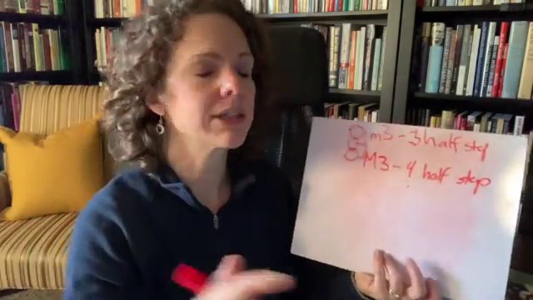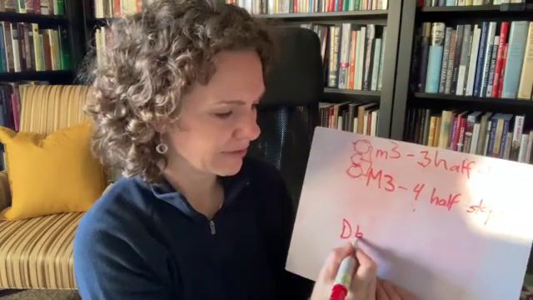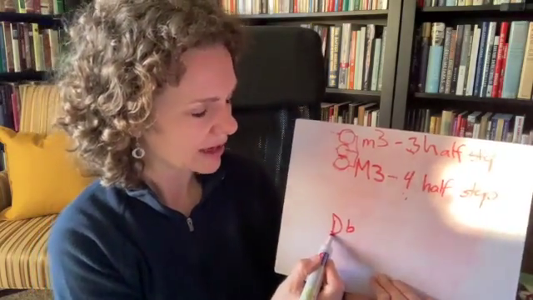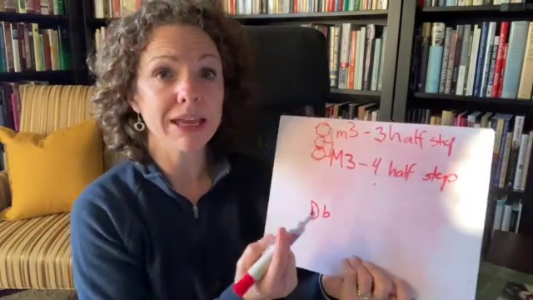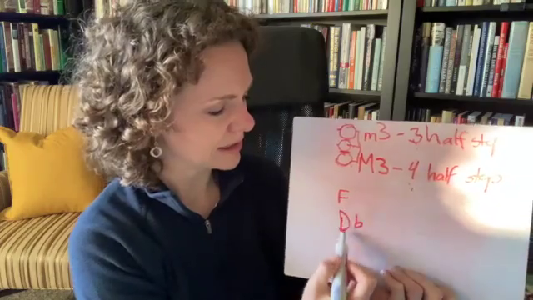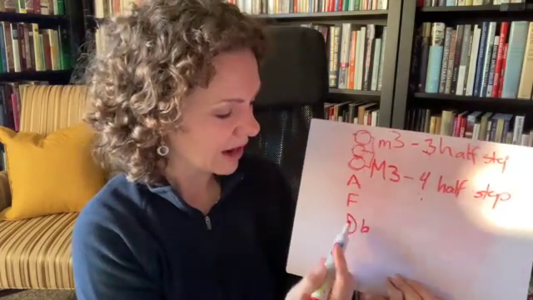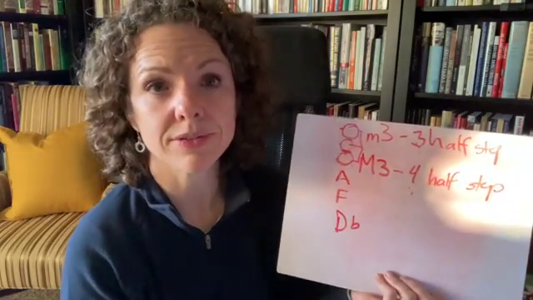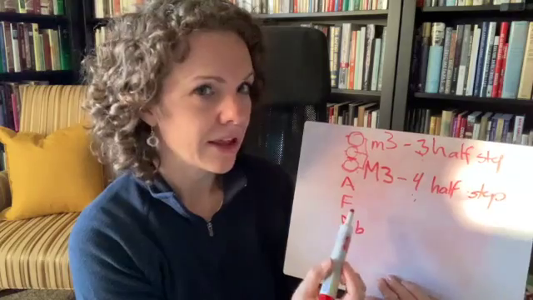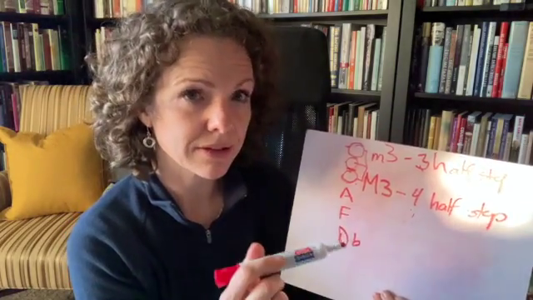For example, let's say you have D flat. This is not one that you have to do. So we need D flat and we need to go up a major third. I know it's going to be D, E, F, G, A, and I know these will be the three letters. So D flat, a major third up, is four half steps.